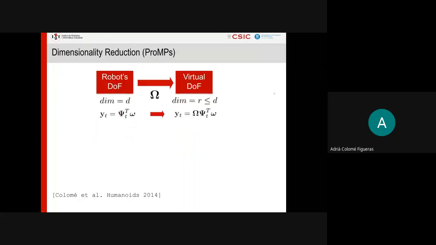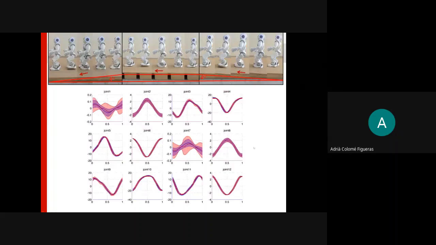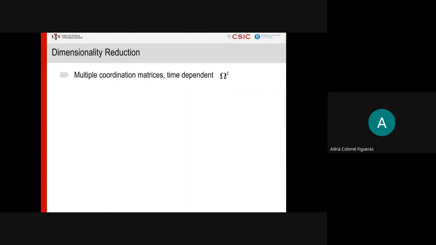For example, in the case of the probabilistic movement primitive, we'll go quickly, we can reduce a walking behavior, which is 12-dimensional, into a latent manifold of dimension 4, which can still map the policy correctly, and which we can use for learning to improve this policy.